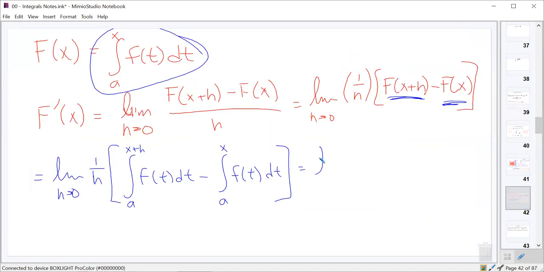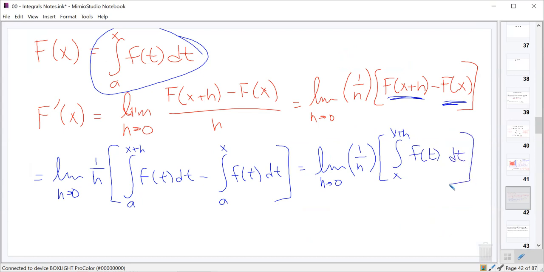So I can now say this is equal to the limit as h approaches 0 of 1 over h times an integral from x to x plus h of f of t dt. So it's getting a little bit simpler.